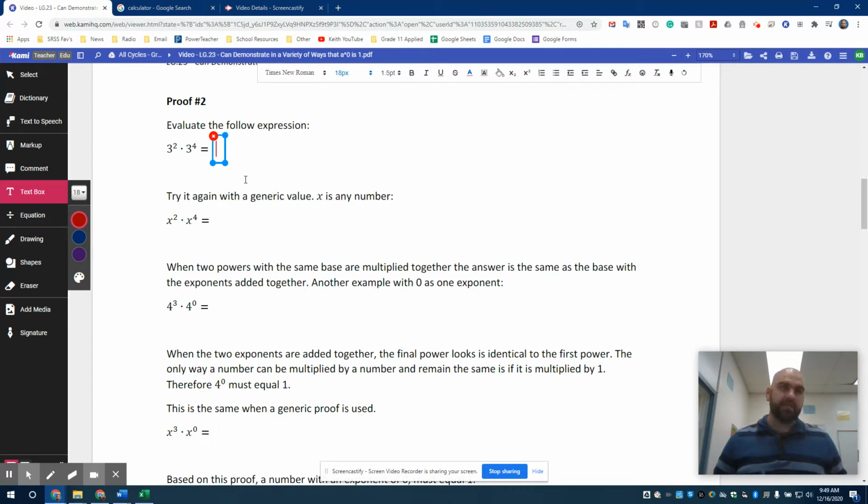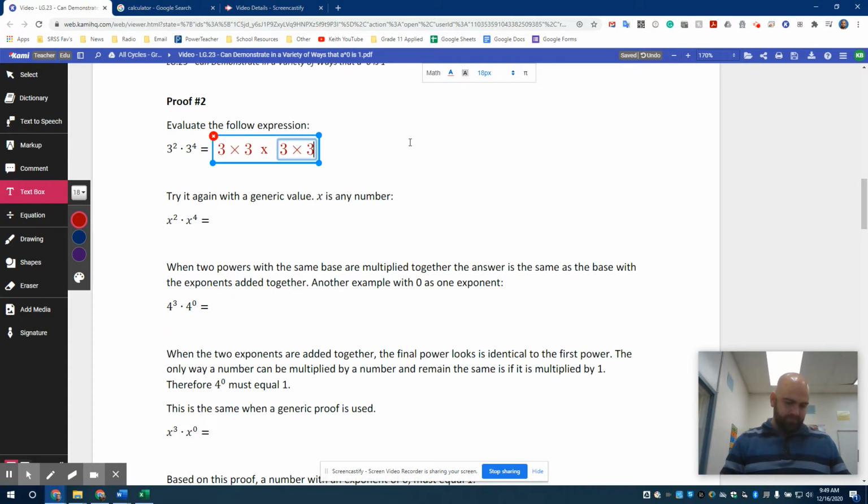So this expression is 3 squared times 3 to the power of 4. Now, if we write this out in a stretched out form, 3 squared is 3 times 3. And then we're going to multiply by 3 times 3 times 3 times 3.